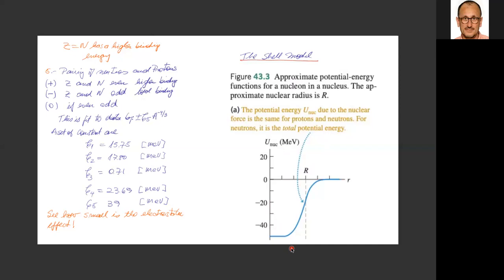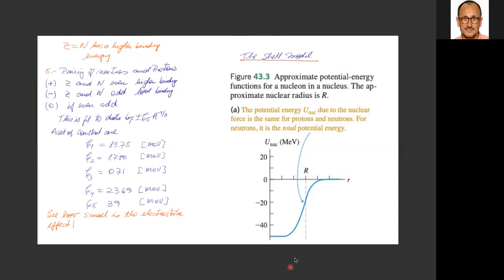You can use this potential to actually solve the Schrödinger equation for the nucleons living in a potential like that. You do that, and what do you find? You find the radial Schrödinger equation. You separate the variables. You find the radial part, and in the radial part you have to put a potential like this. This is a potential widely different to the electromagnetic interaction you see in regular atoms.